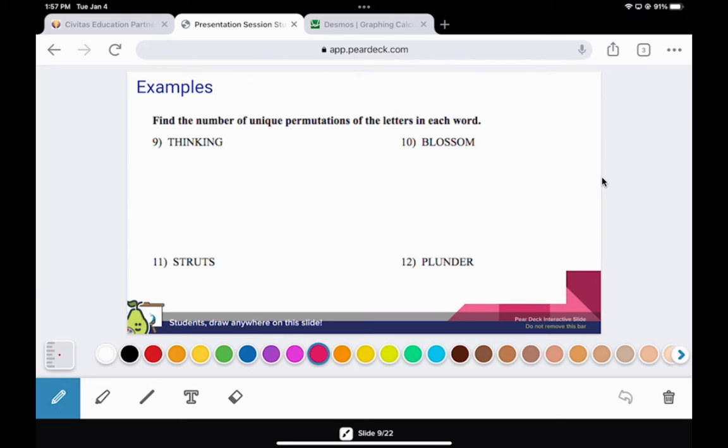So here's this one. This is called the non-distinguished case. This is when you have different types. Here you're going to use n factorial over 1 factorial, 2 factorial, and so on.